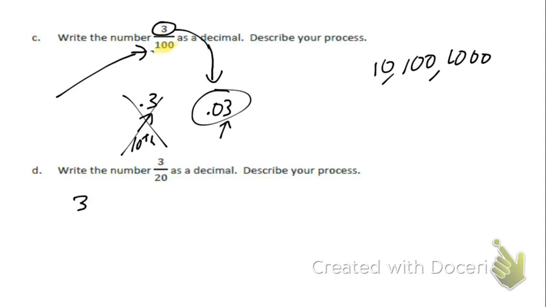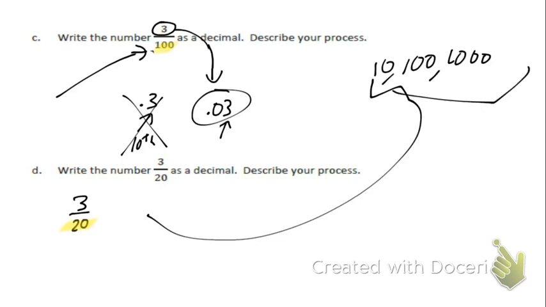What we want to do for this one is try to think, can I turn this denominator, it's 20, into one of those, or even 10,000 if you want. And you can see quickly, I could turn that 20 into 100 pretty easily.